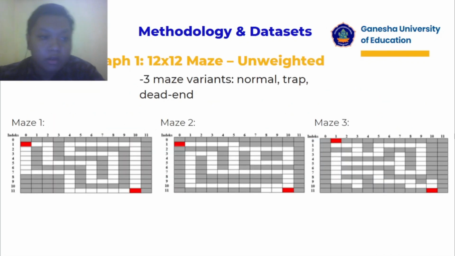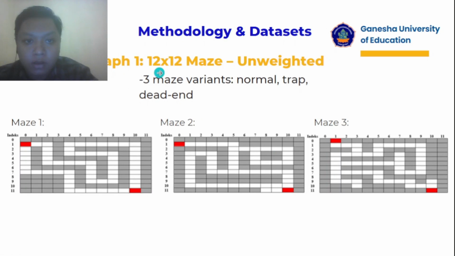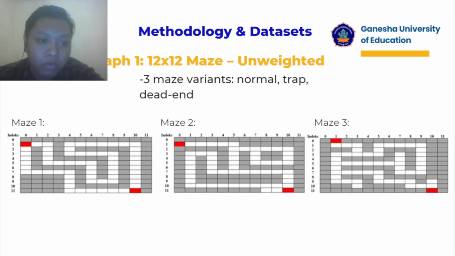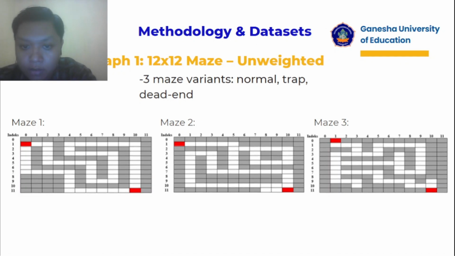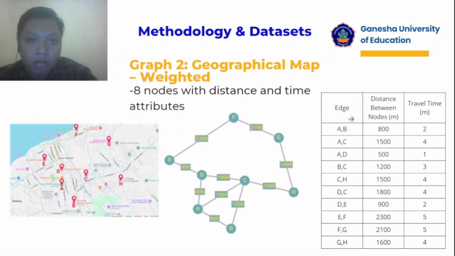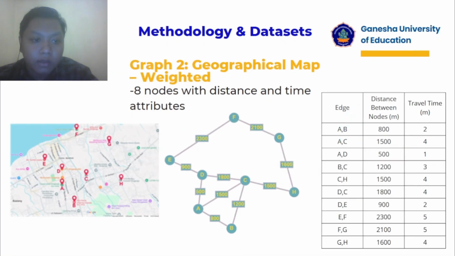So this research is using a quantitative experimental method. For the first data set, I use a 12 by 12 maze with three variations of maze: normal, with trap, and with dead ends. And the second data set is a real world geographical map with 8 points and weighted edges representing distance and travel time.